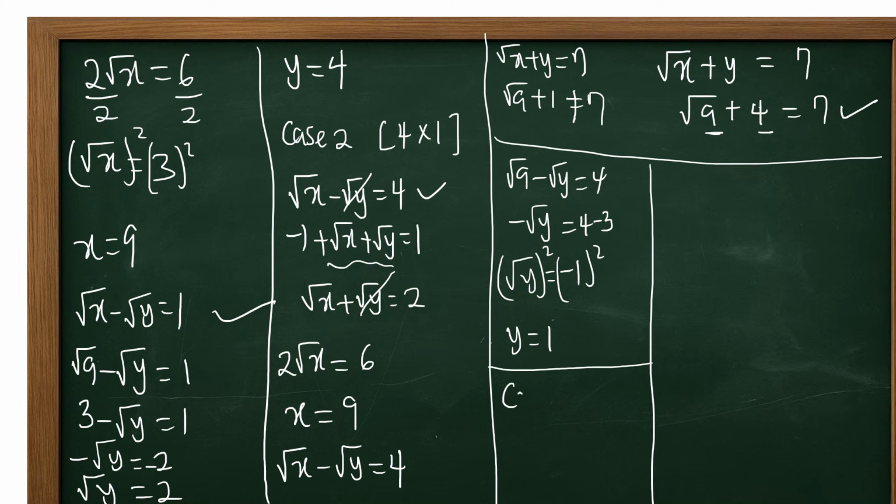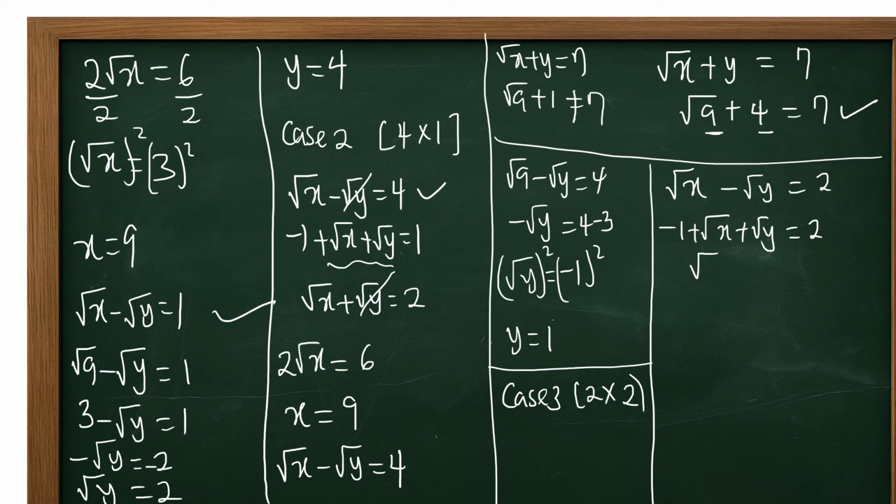Let's look at case 3. Case 3 says 2 times 2. Okay? In case 3, we have the square root of x minus the square root of y equals 2. And also we have negative 1 plus root x plus root y also equals 2.